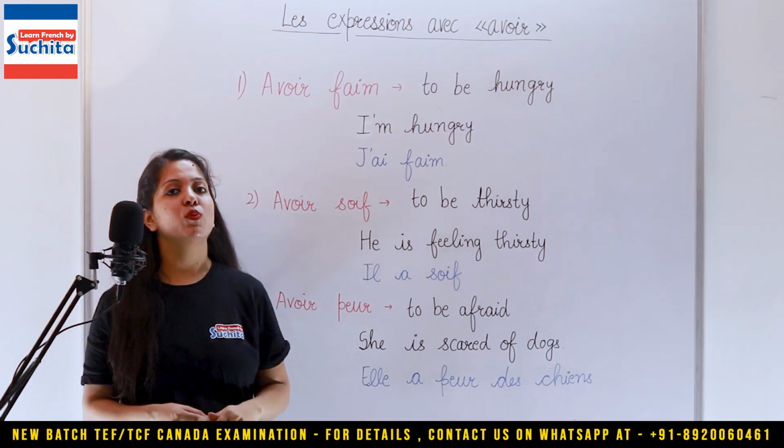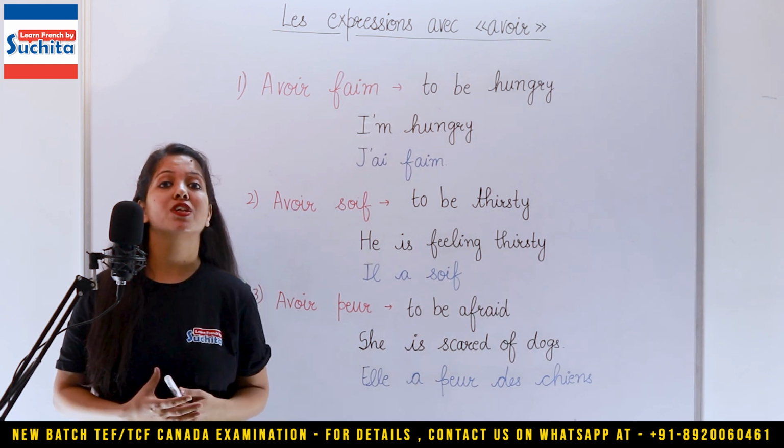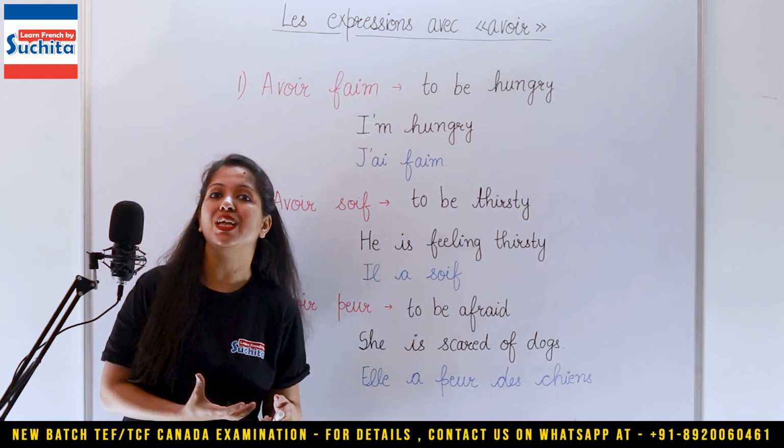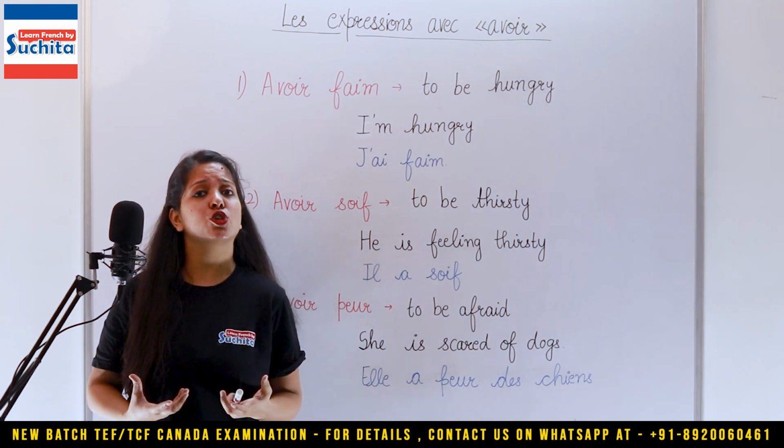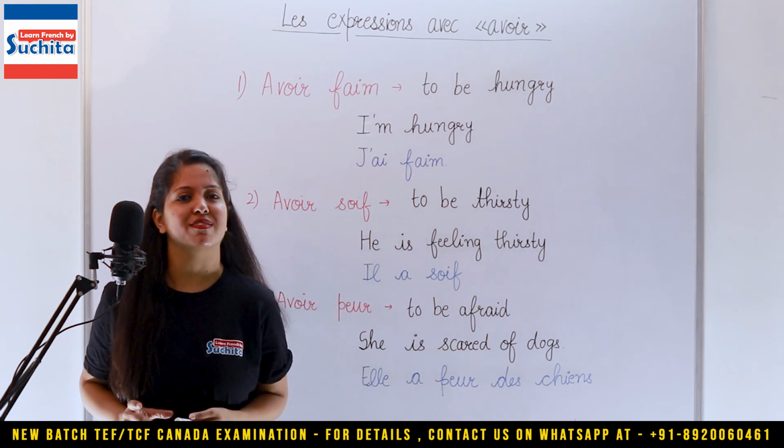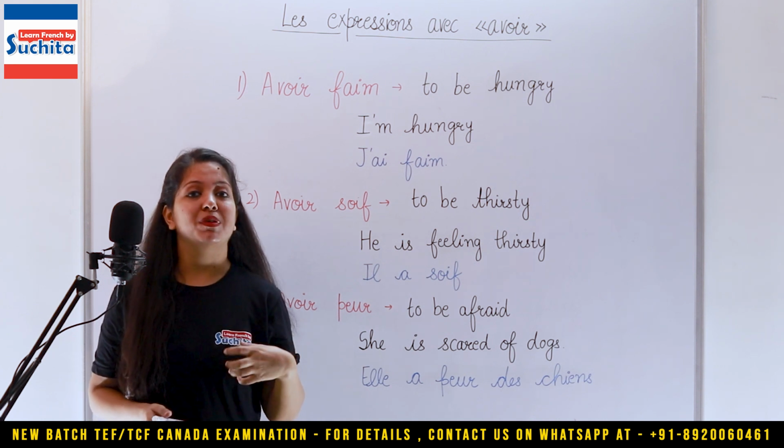Okay, so let's begin with the video. We are going to learn certain expressions which are used only with the verb avoir. But before that, you should know the conjugation of the verb avoir, at least in the present tense. So repeat after me.